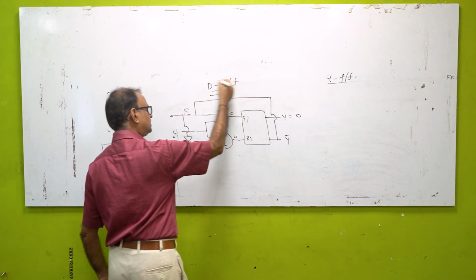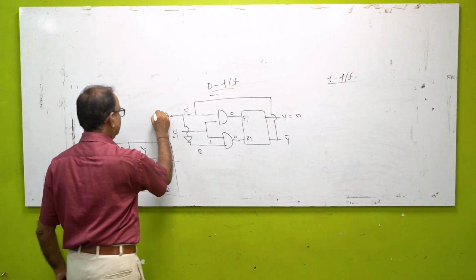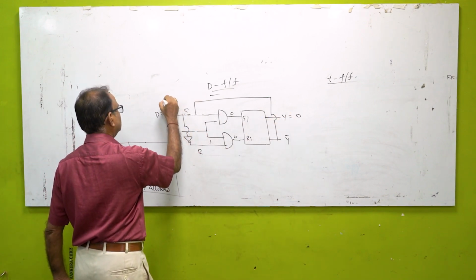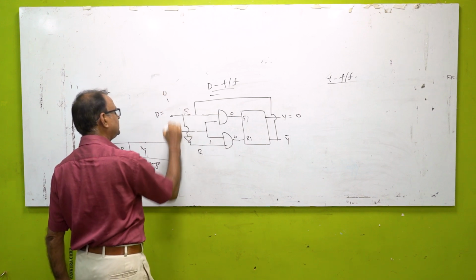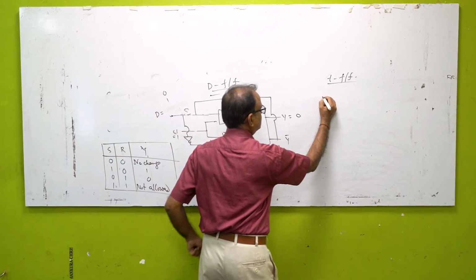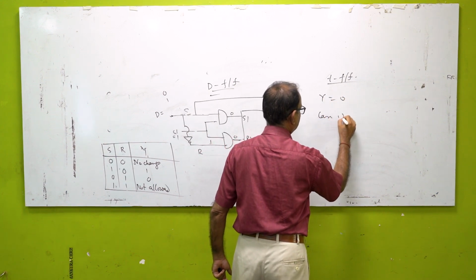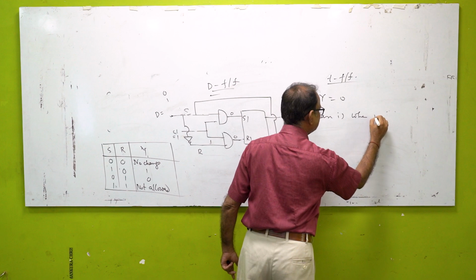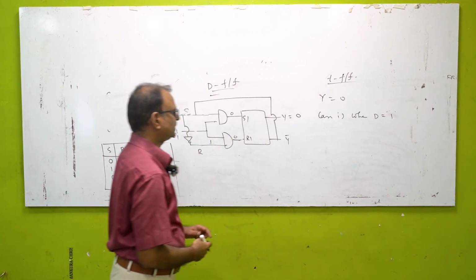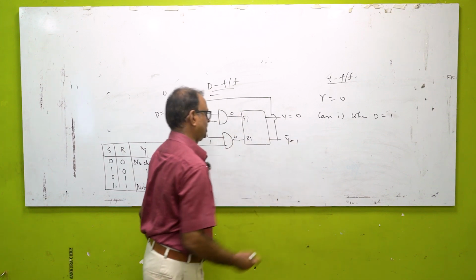The Y bar output is fed back to the S input. And let us see what happens to this output when I give in one case D is equal to 0 and in another case D is equal to 1. To start with, suppose Y is equal to 0. Initially I have taken Y is equal to 0, obviously Y bar is equal to 1.